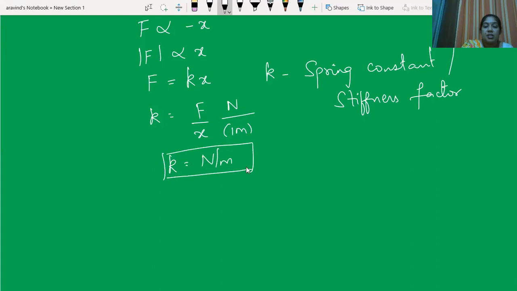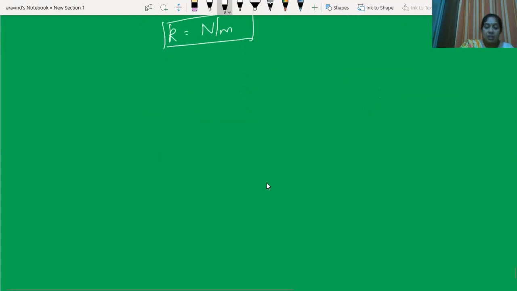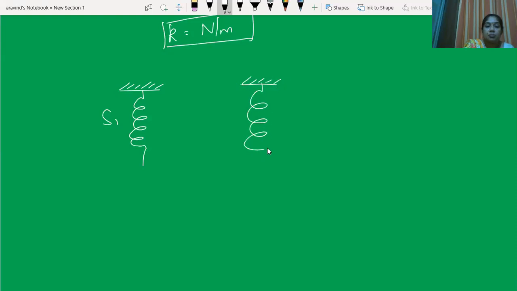Now this stiffness factor or spring constant naturally tells us how stiff the spring is or how strong the spring is. Let us understand this by comparing two springs. Say I have a spring S1 and another spring S2. Let S1 have a spring constant K1 equal to say 20 Newton per meter, and for the spring S2, let K2 be equal to 60 Newton per meter.